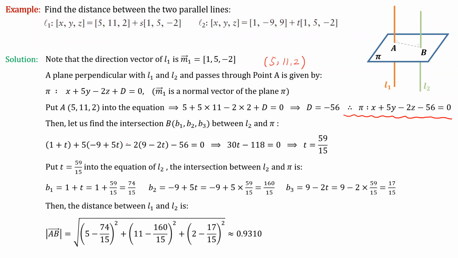Then we can find the intersection point B, whose coordinates are B1, B2, B3, between line L2 and pi. So note that for line L2, we can write the x, y, and z coordinates as 1 plus t, plus 5 times -9 plus 5t, minus 2 times the z component of L2, which is 9 minus 2t.